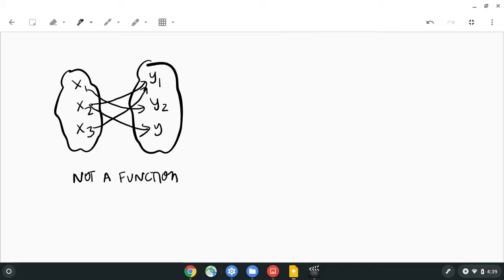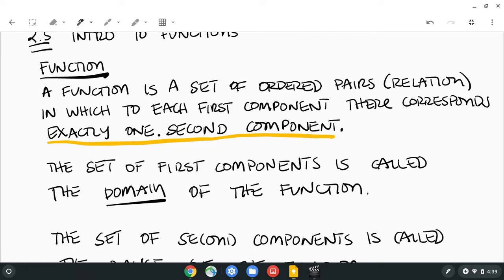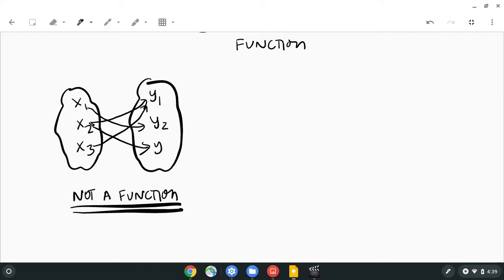And the reason why is because if you see here, x2, we see that x2 gets mapped to two different y values. And remember, up here, exactly 1. Okay, so there corresponds exactly 1 second component. Okay, so x2 doesn't have exactly 1 component over here.